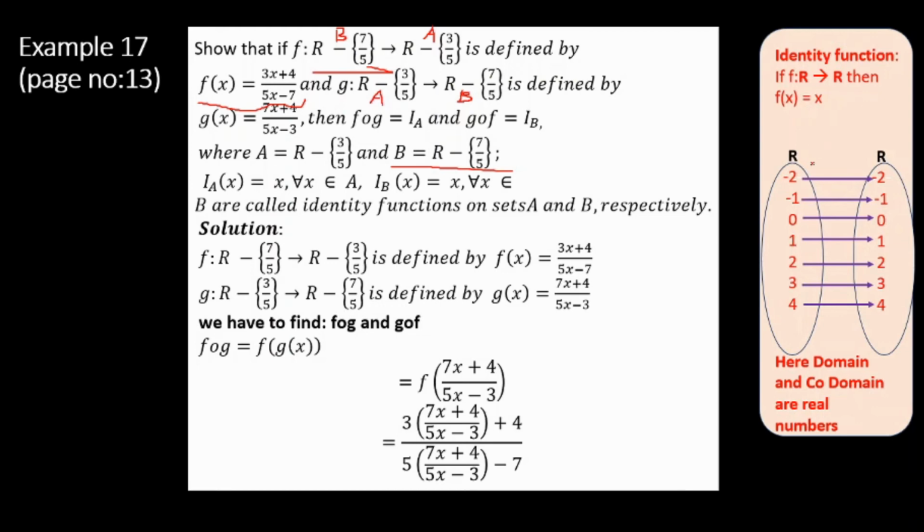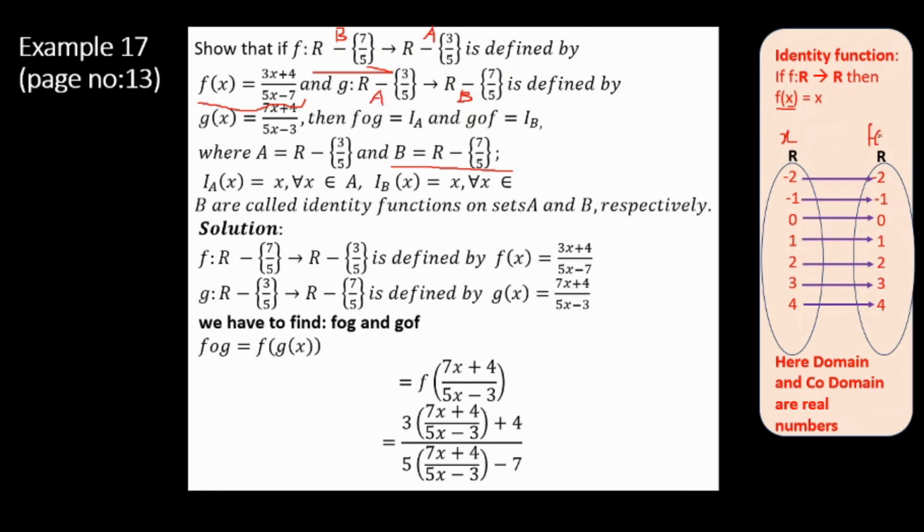We'll see how it is. If f of minus 2, it goes to minus 2. If your x is minus 2, it goes to minus 2. Your domain consists of elements x, and your codomain consists of the value of f of x. If this is x, then this is your f of x.